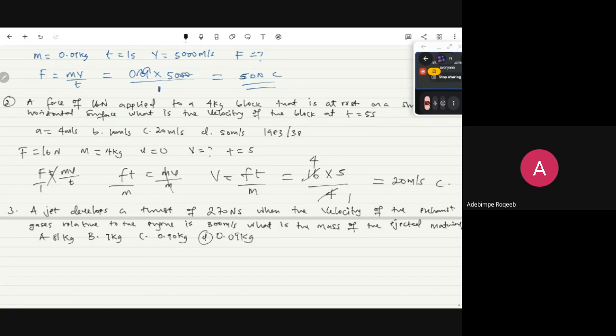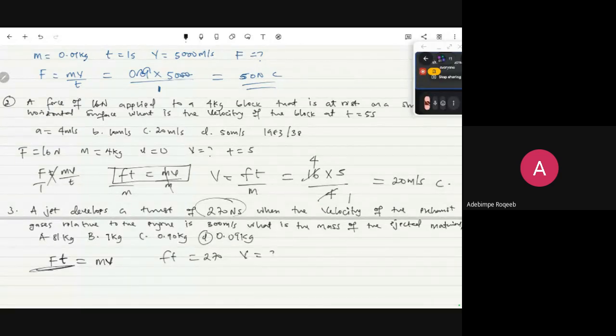So this question, I didn't write this here. A jet develops a thrust of 270 Newton seconds. That is telling you Ft. And remember that Ft is equal to mv. This is another formula that you have to take note of, still from F equals mv over t. So this Ft, Newton seconds, is 270.